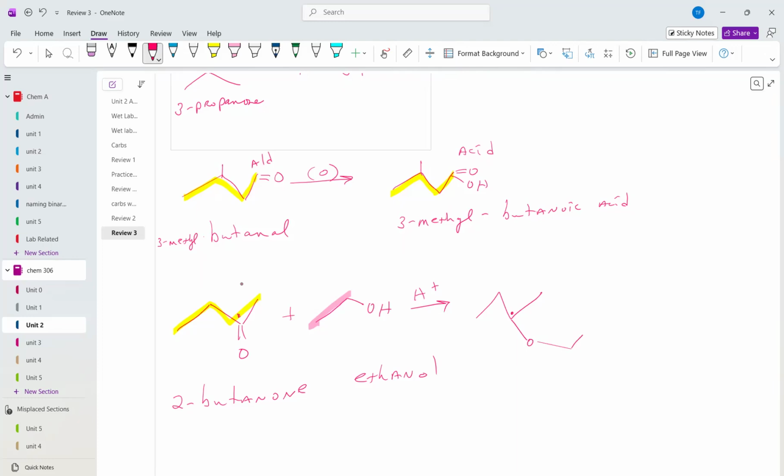And then here, because it goes only once, it's going to be the hemi version. So it's going to be a hemiketal.